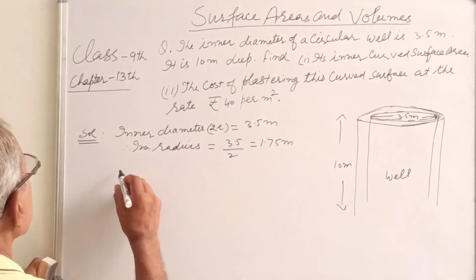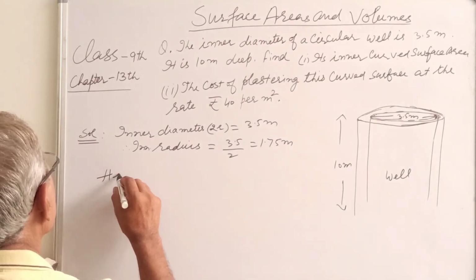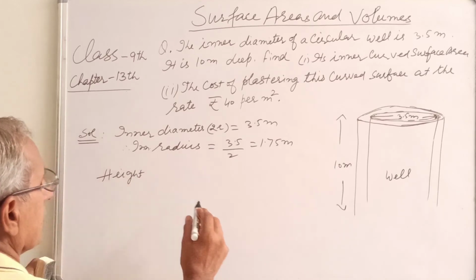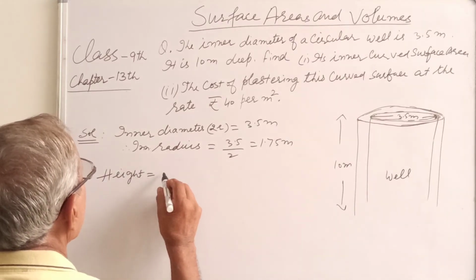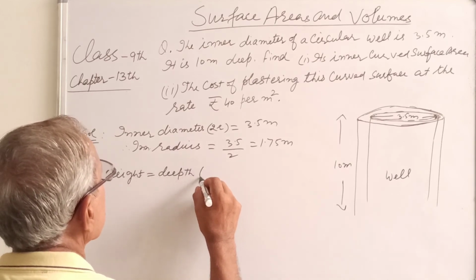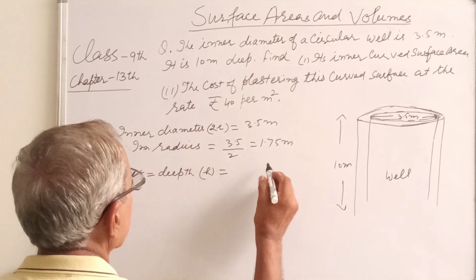The height is height or depth: height for a straight cylinder and depth for the well. Depth again 10 meter.